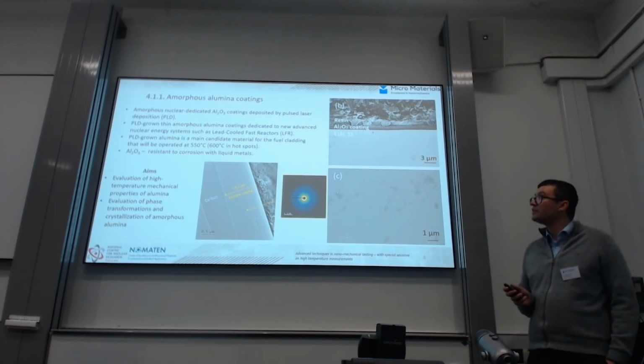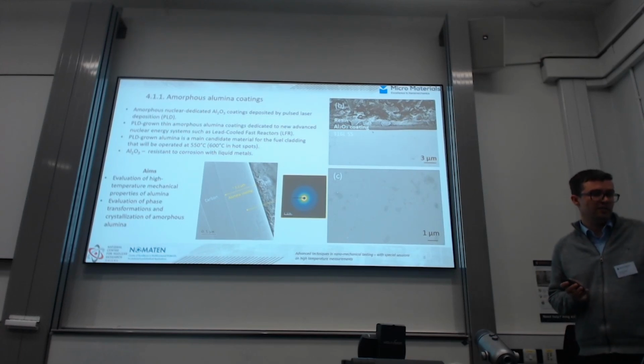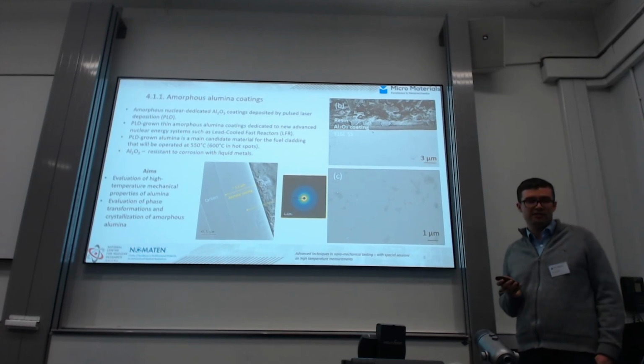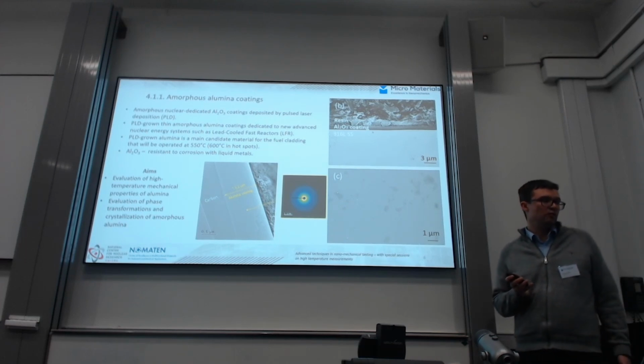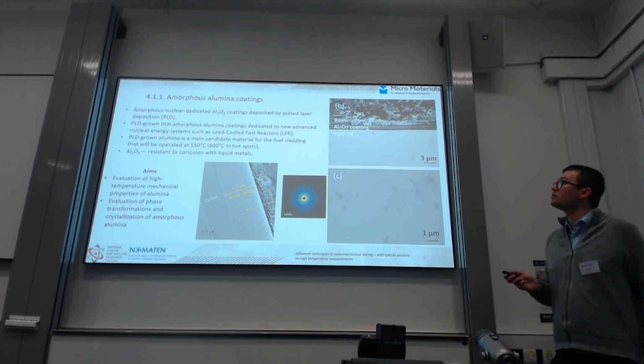These coatings are intended to be used in generation IV nuclear reactors, the type of reactors that are currently under design, and some prototypes are already working. We are focusing in this project on lead-cooled fast reactor application.